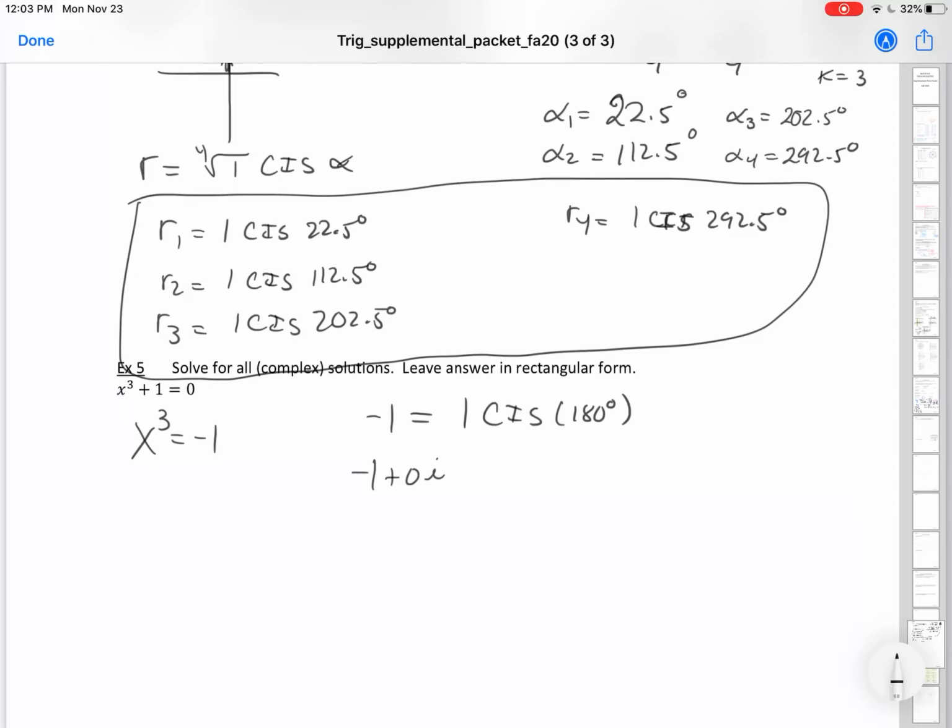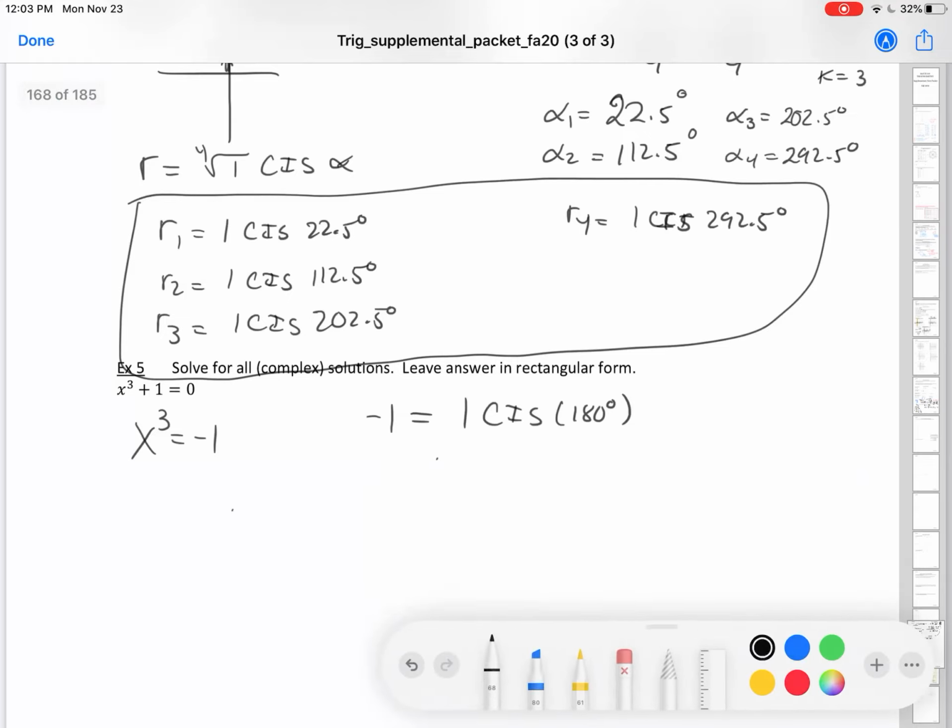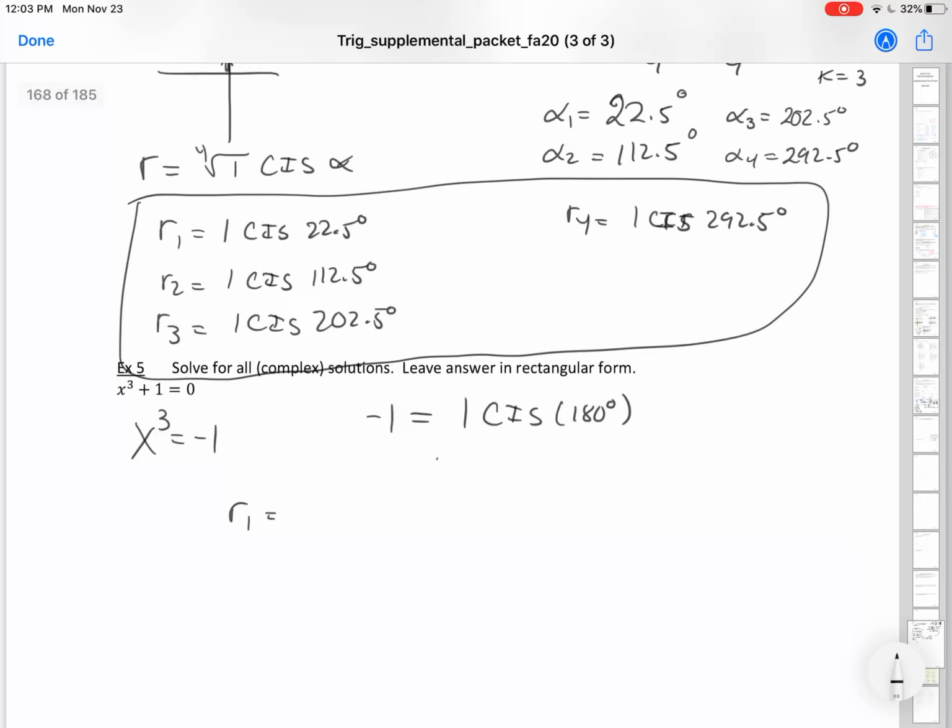And so as you go to find its magnitude, it is going to be 1. As you go to find its angle, you'll find out that that angle is at 180 degrees. And so that's what we have. So what do we know? We know that our roots R1 is going to be the cube root of 1, which is 1 cis of some angle.